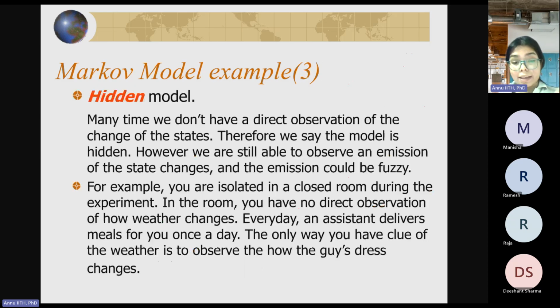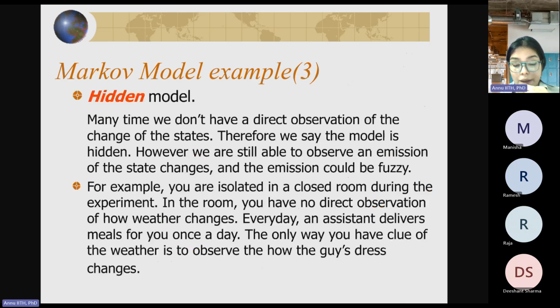Every day, one assistant comes and delivers the meals for you once a day. The only way you can have a clue is to observe how the guy's dress changes. Then that is a hidden one. You can't see directly outside, but you see the guy who comes to deliver the food, and from that you will have some observation.